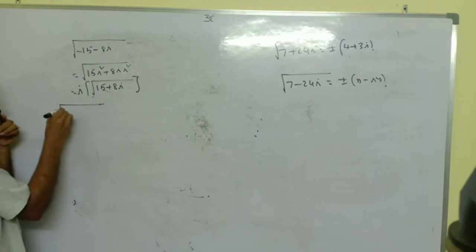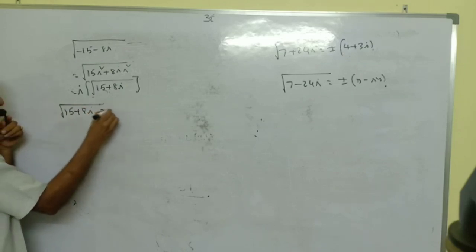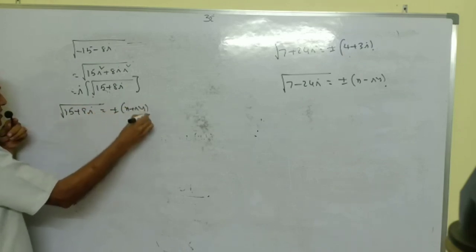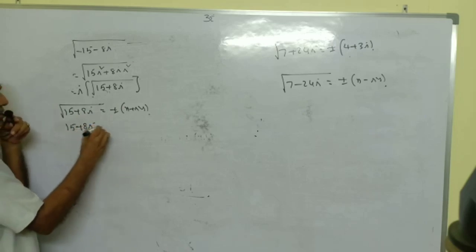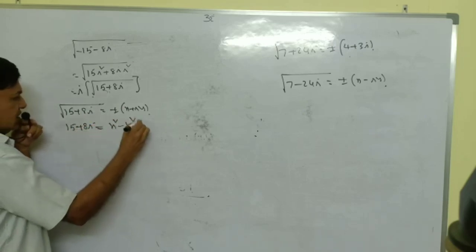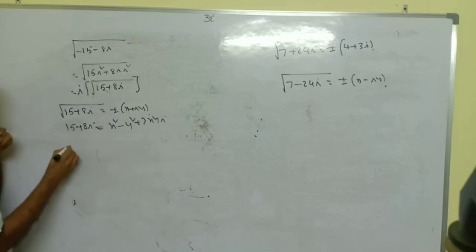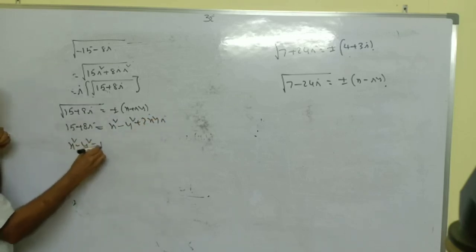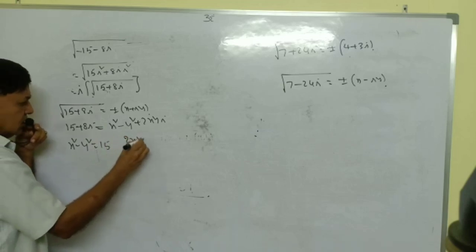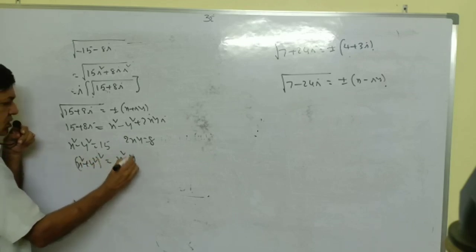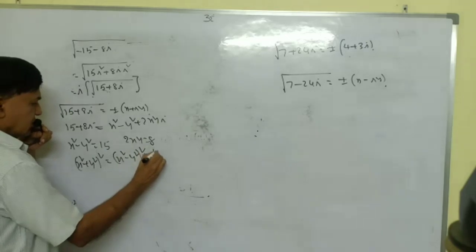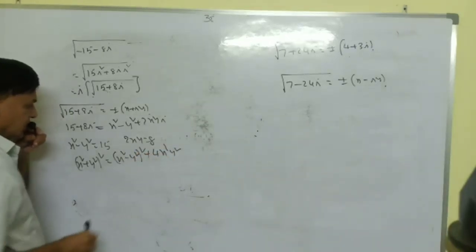Now, you consider separately, this is equal to plus or minus x plus iy. Square it. 15 plus 8i is equal to x square minus y square plus 2xyi. X square minus y square is 15. 2xy is equal to 8. X square plus y square whole square is equal to x square minus y square whole square plus 4x square y square.